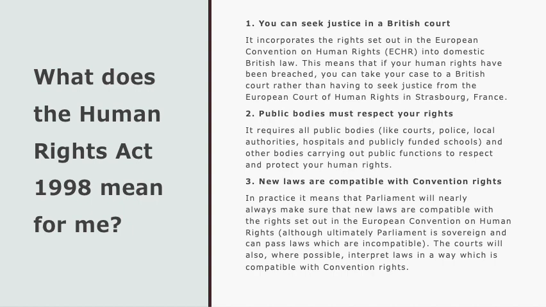In practice, it means Parliament will nearly always make sure that new laws are compatible with the rights set out in the ECHR. Ultimately, Parliament is sovereign and it can pass laws which are incompatible, but generally they're required to be compatible. And the courts will also, where possible, interpret laws in a way which is compatible with convention rights.